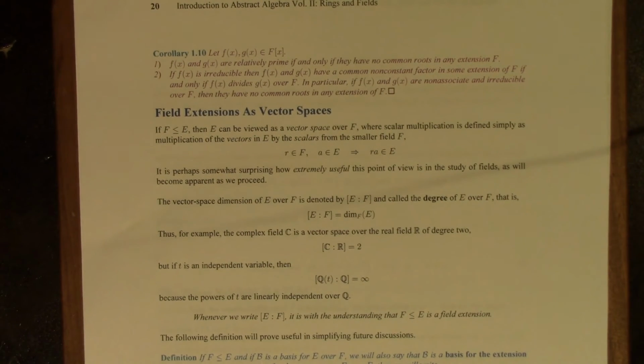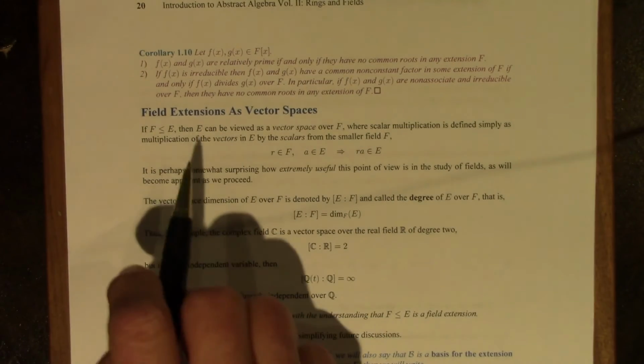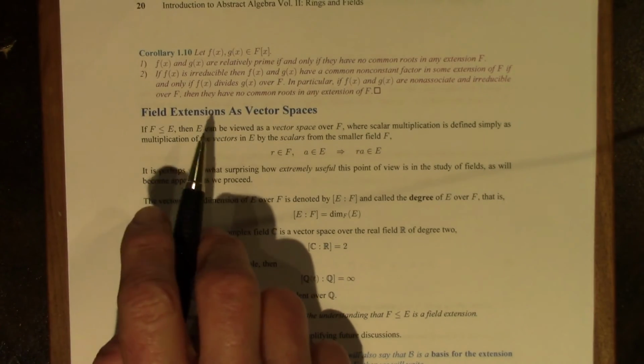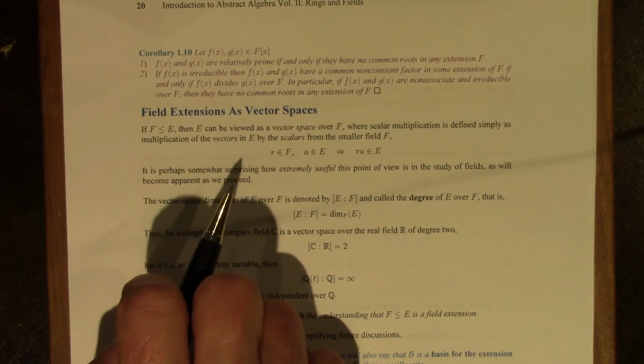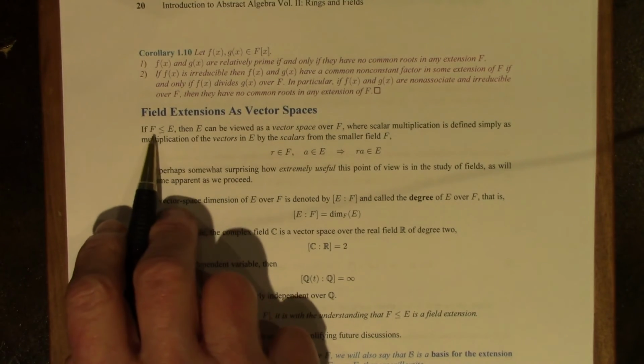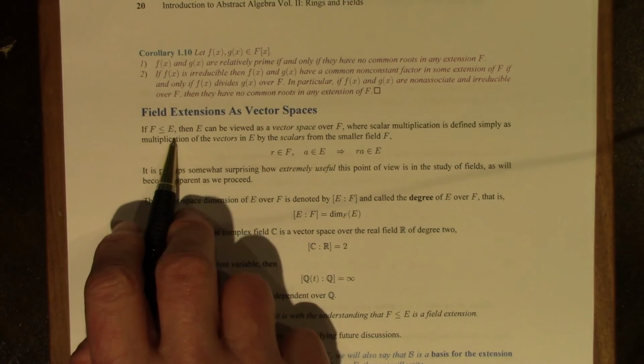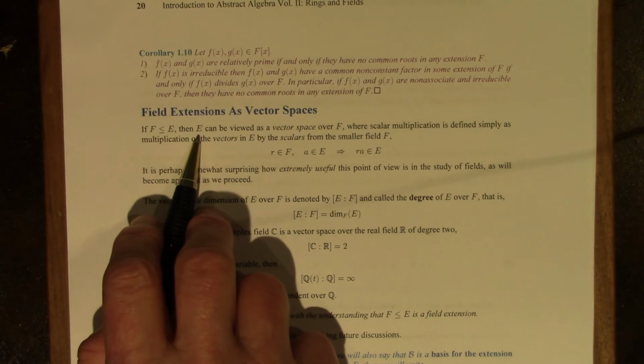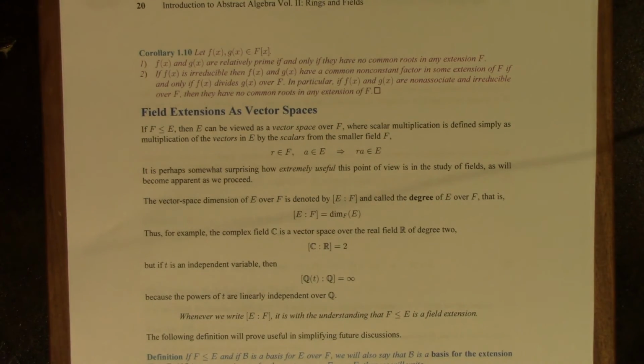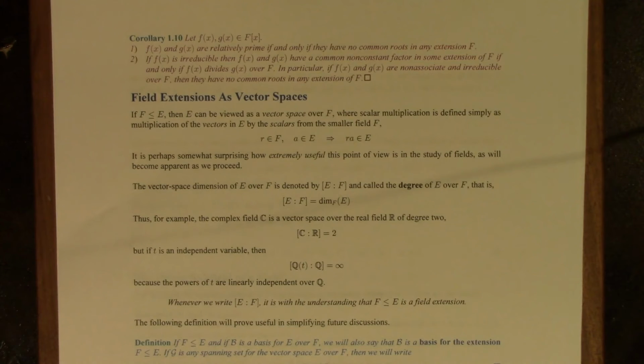As I mentioned before, field extensions define vector spaces. If F E is a field extension, then E can be thought of as a vector space over F. F becomes the field of scalars.